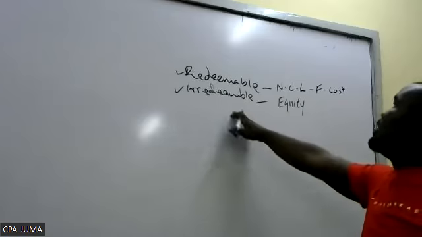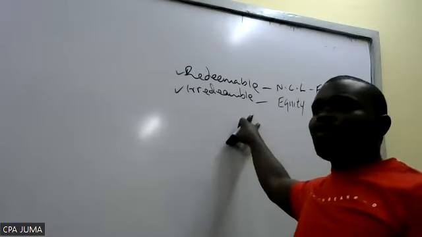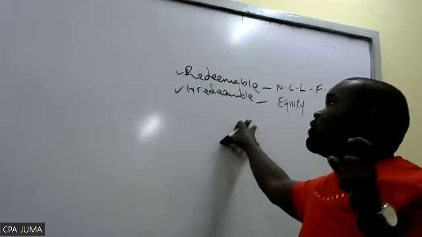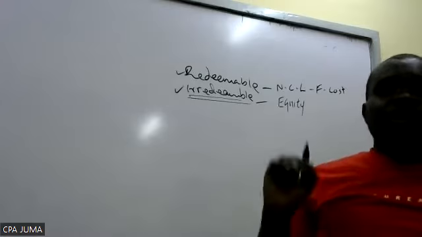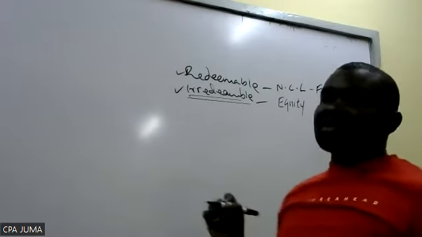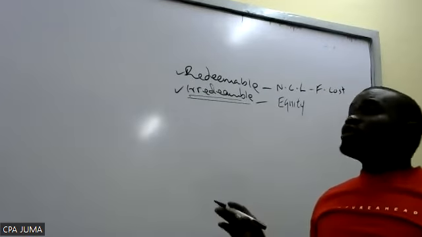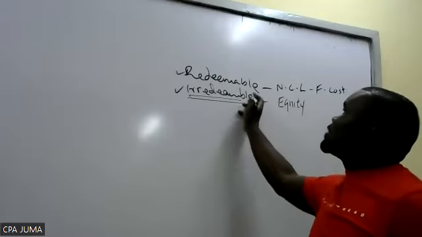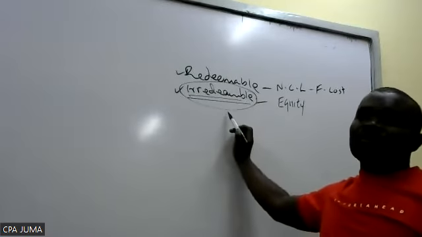But this one remains there. So the dividends, what we normally consider as dividends to preference, relate to irredeemable. If the question is silent on what type of preference they are talking about, then they are always assumed to be irredeemable.